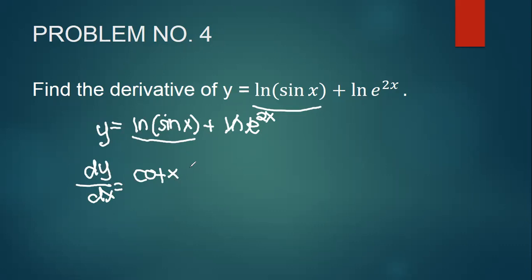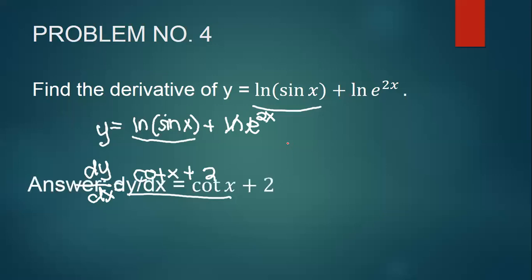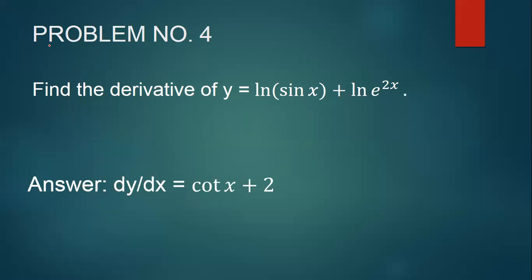The derivative of 2x is positive 2. So this is the answer for our last one. Questions? Well, let's proceed to check our answers.